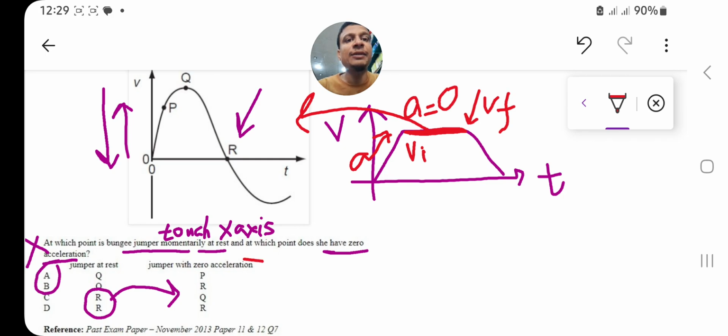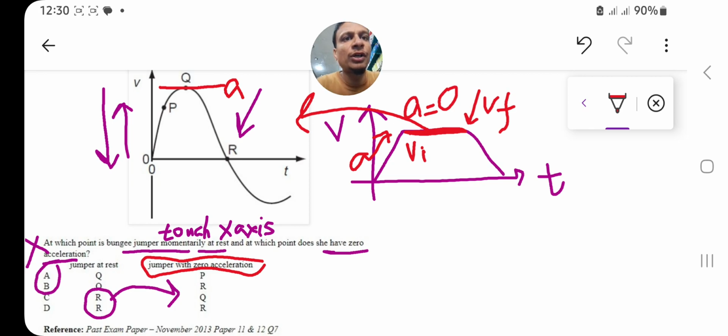They are asking for the jumper with zero acceleration, which means the top part of the graph. The gradient is basically a tangent line. If we draw a tangent line here, at point Q both velocities, initial and final, are the same.